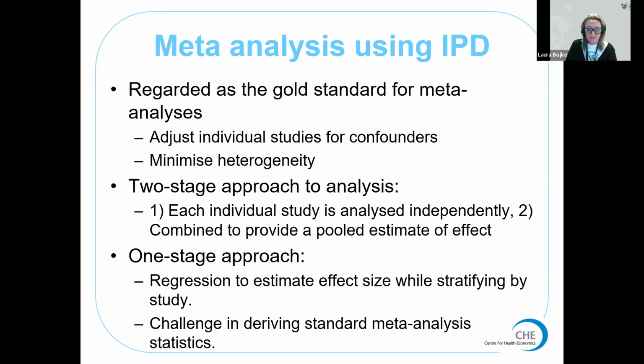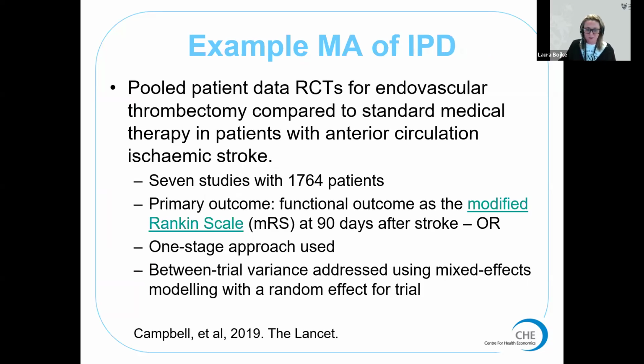So you combine that data. Two different approaches, each of which has complexities, but there are greater possibilities if you have individual level data. So I've just got a quick example here of a meta-analysis of IPD.